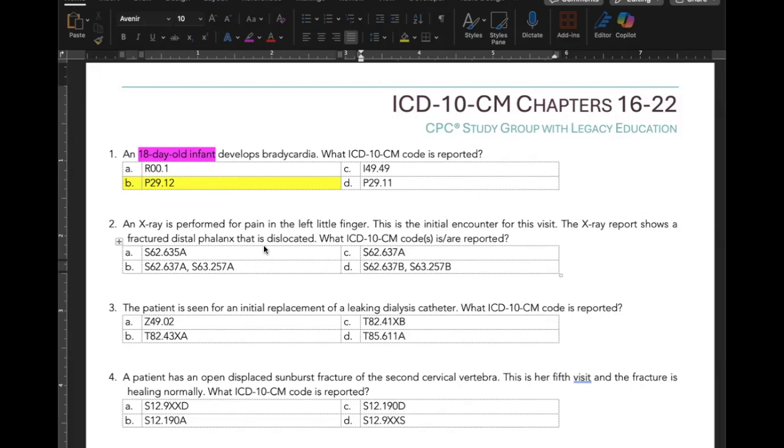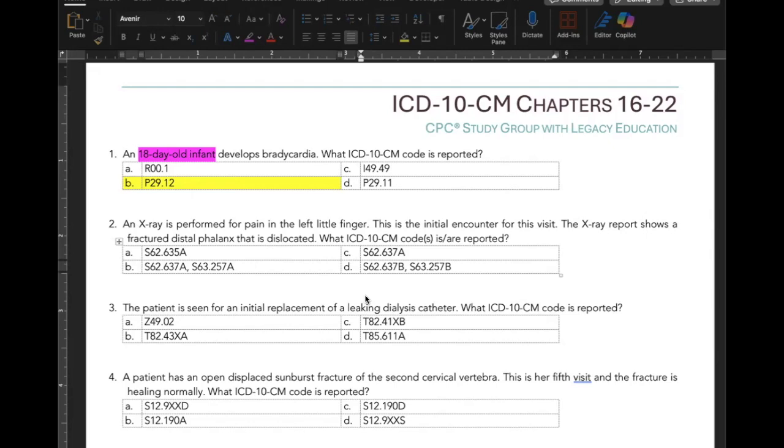And then we need letter A, right? Since our S62.63 does not have the options for our seventh characters, we have to go all the way back to the beginning of our S62 category.